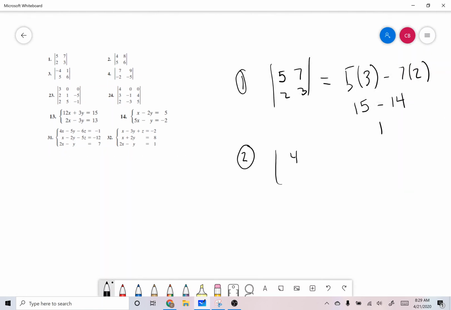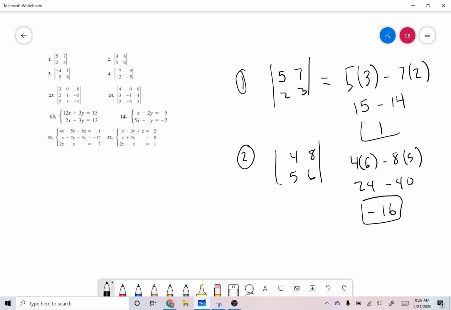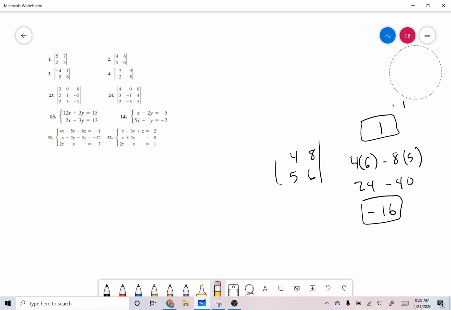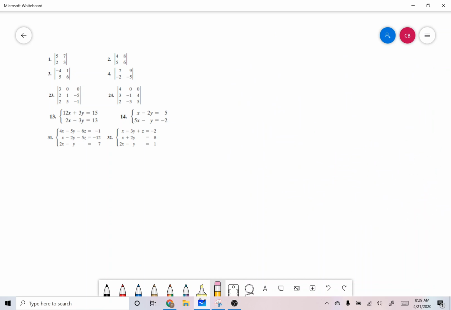But we can keep calculating some determinants. So if we do this one, this is 4 times 6 minus 8 times 5. 24 minus 40, which I think is negative 16. Okay, so let's look at a 3 by 3 now, because those are a little bit more challenging.